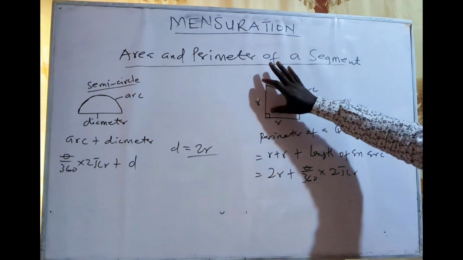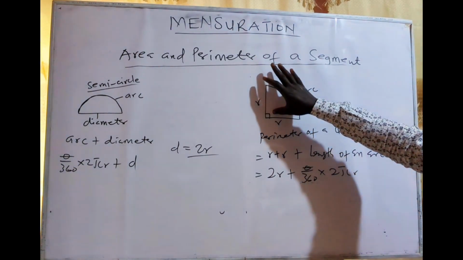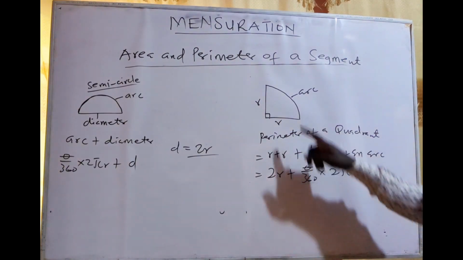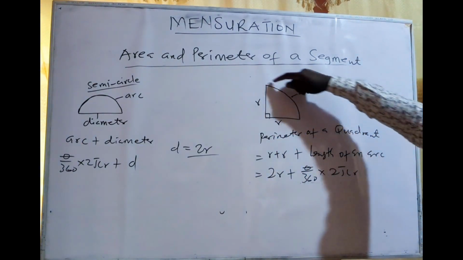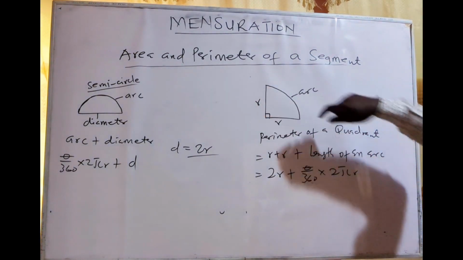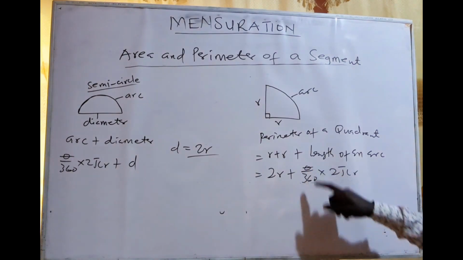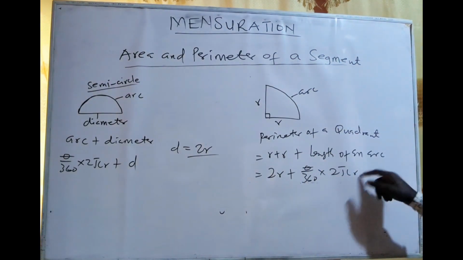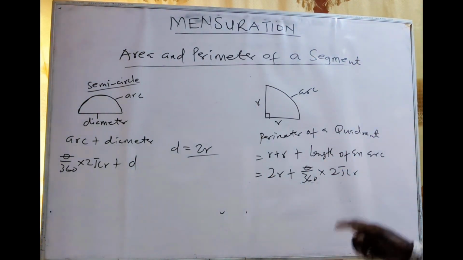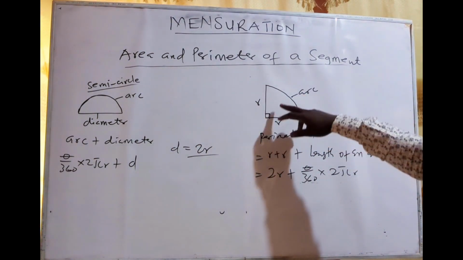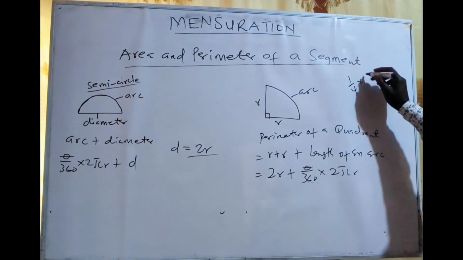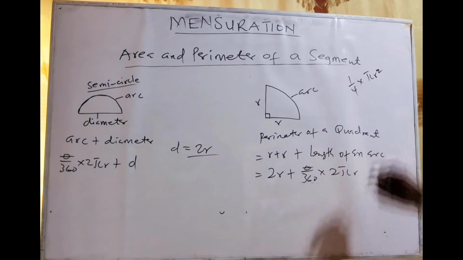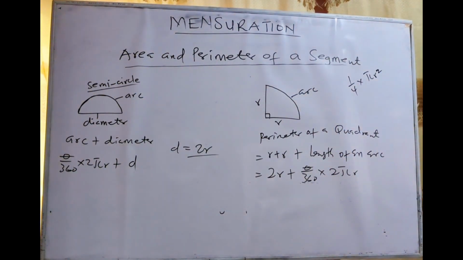Even if you are not given it, you should know that the angle here is 90, a quarter. So 90 over 360 is 1/4 times 2 pi r. If I want to find the area of a quadrant, it is 1/4 times pi r squared.